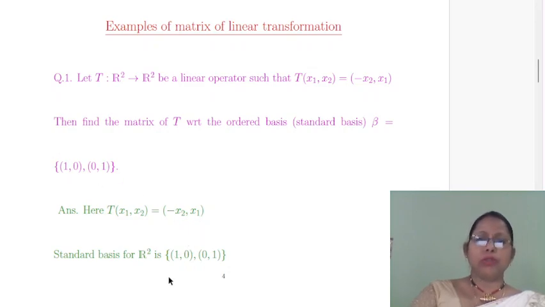Again, T image of (0,1) is (minus 1, 0). Expressing minus 1, 0 in terms of the standard basis of R2, it is minus 1 into the first element plus 0 into the second element.